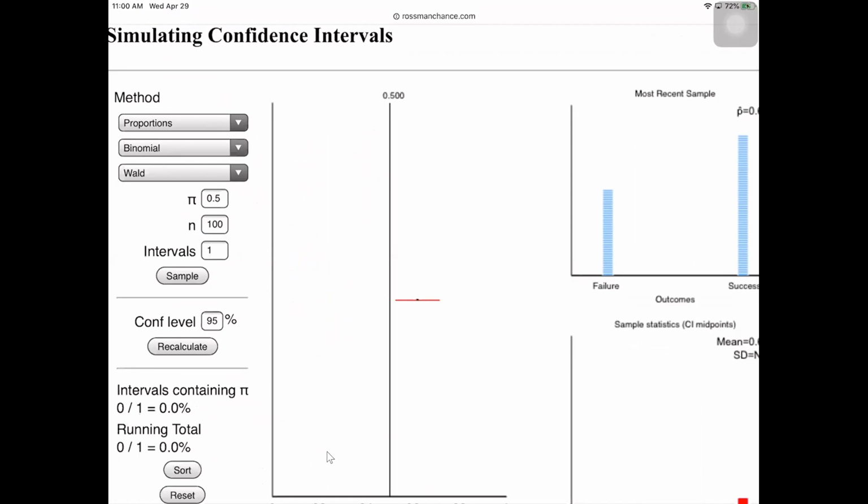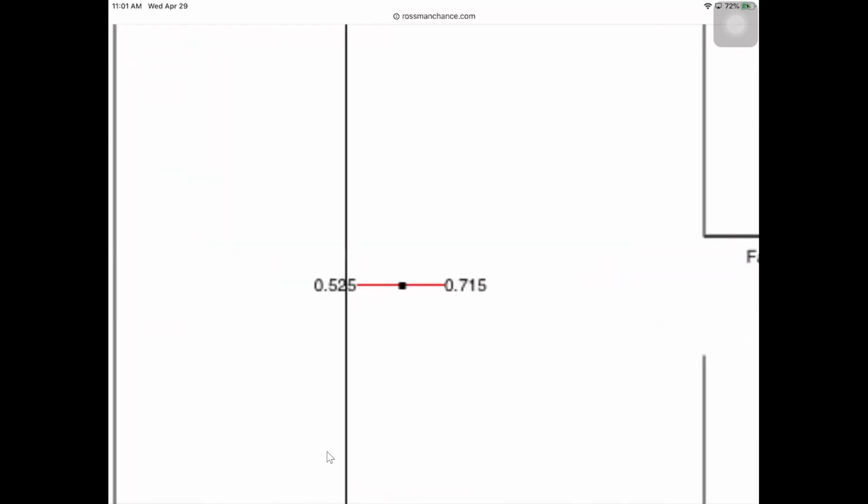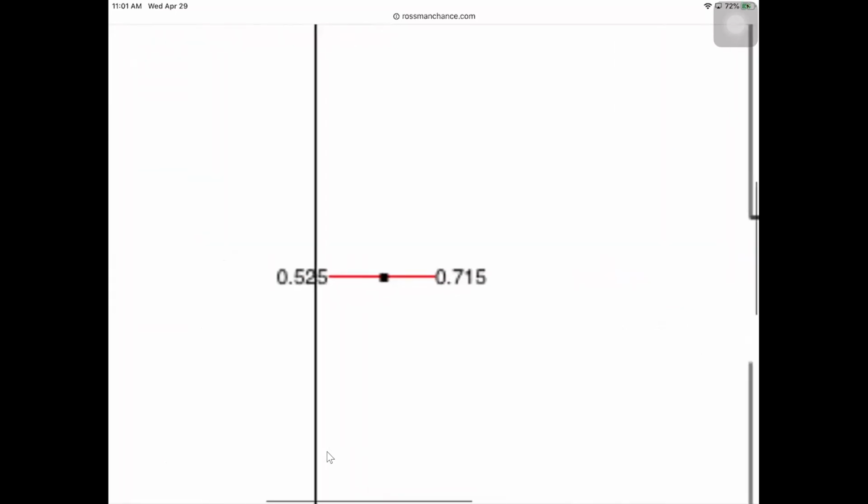If the confidence interval contains 0.50, we're going to give it a green color. This red interval is our confidence interval, and it says it's from 0.525 all the way to 0.715.